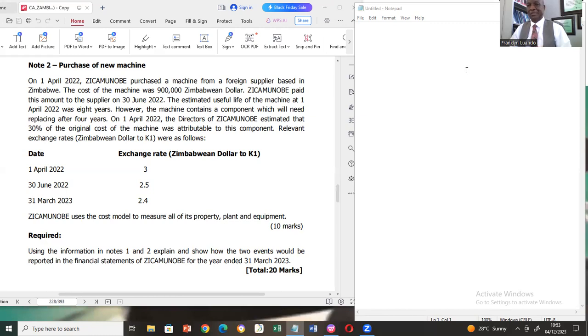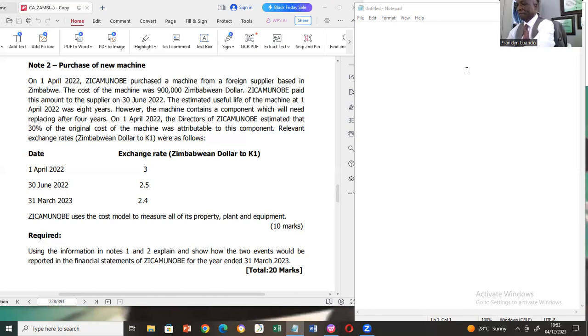Monetary items need to be retranslated at the reporting date, if not yet settled, or at the settlement date if it comes earlier. These monetary items refer to accounts payable, accounts receivable. They need to be retranslated, and the exchange difference will immediately be reported in the statement of profit and loss because the transaction took place and the profit or loss is immediately realized.